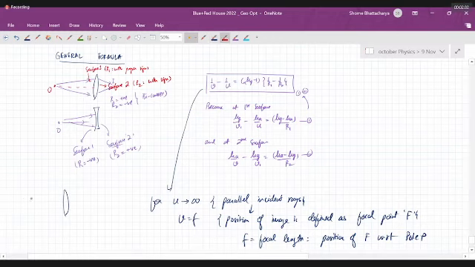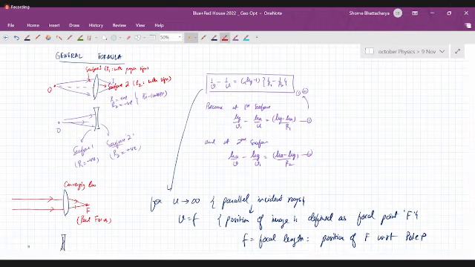The rays of light are parallel from infinity, and if they are converging to a real focal point, this is a real focus because it's a converging lens. And if it's a diverging lens, there will be a virtual focal point because the rays after refraction will diverge.